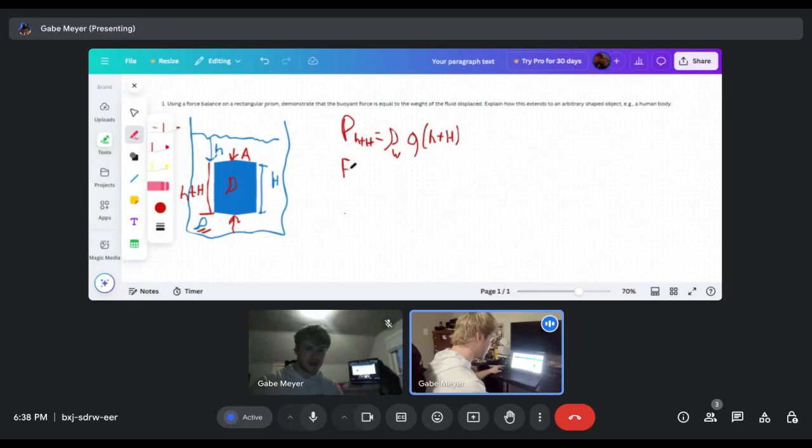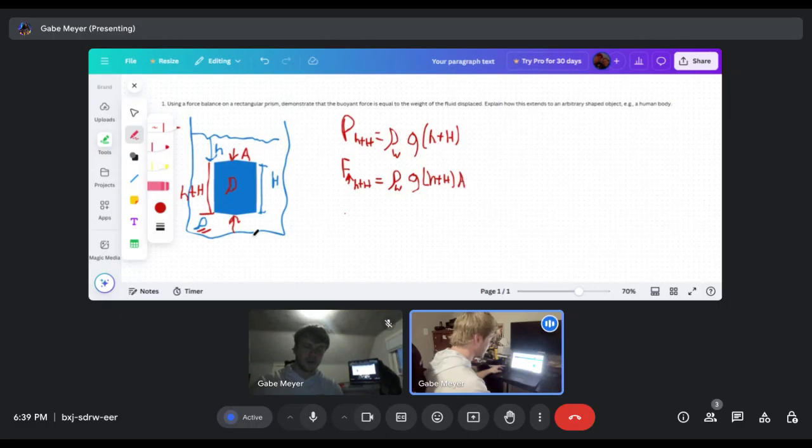So the force acting up on the rectangular prism, force acting up at h plus big H, is equal to the density of water times gravity still times the depth we're at, h plus big H. You multiply that by the area.